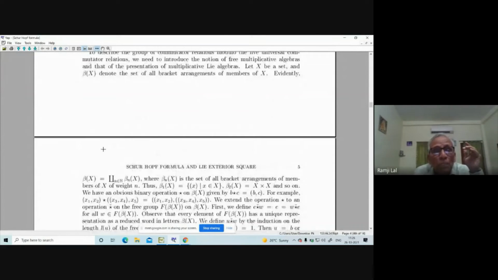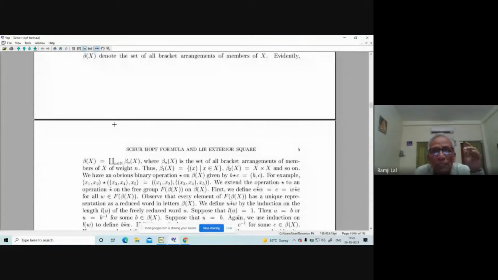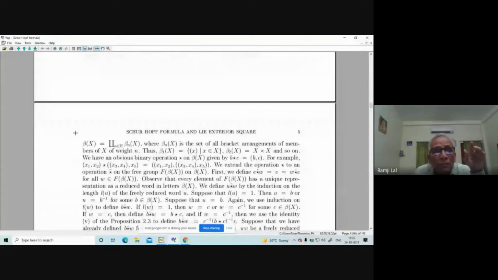So how to describe the free multiplicative algebra? It is a little subtle, and I just demonstrate it here. You look into the bracket arrangements on X. The bracket arrangements are just the union of the bracket arrangements of the different weights.